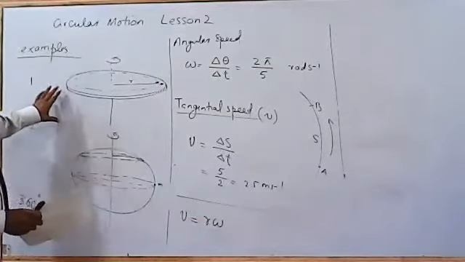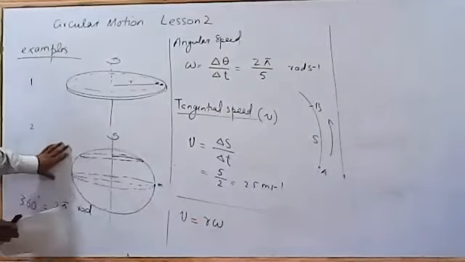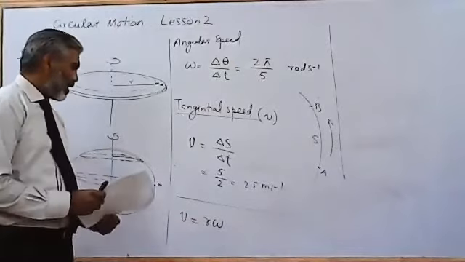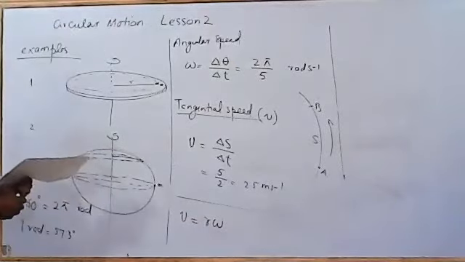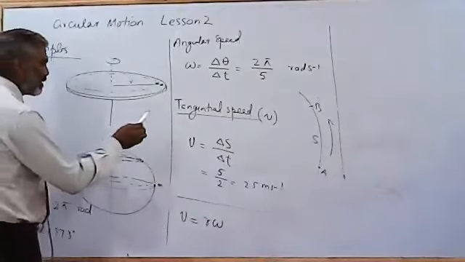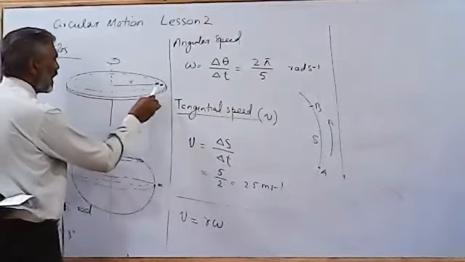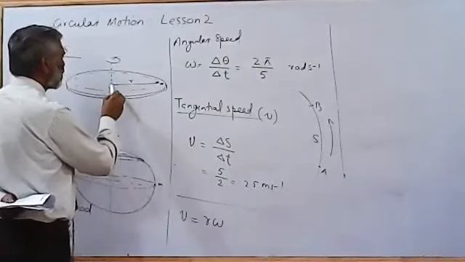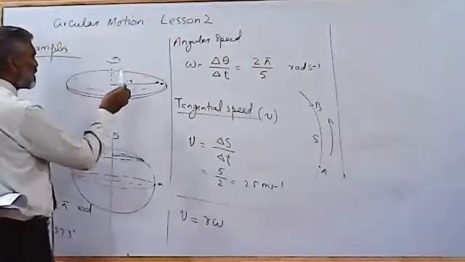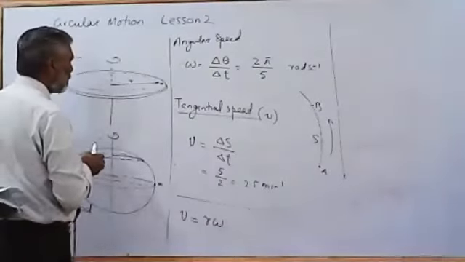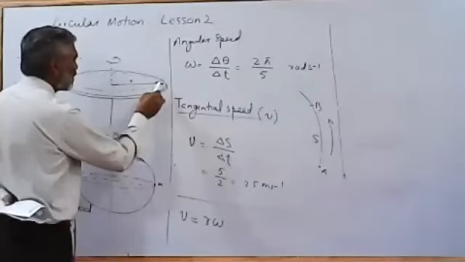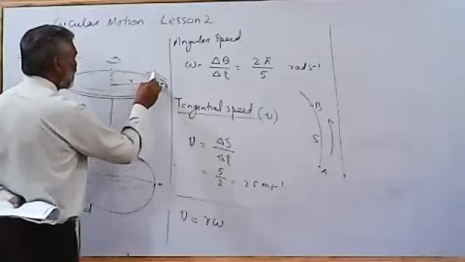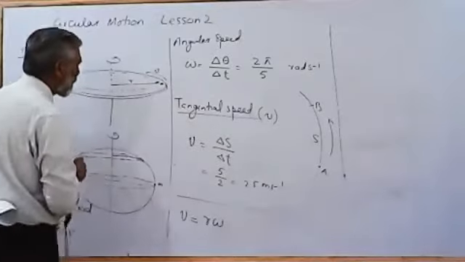I did not erase these two figures because these two are particularly helpful in explaining this relationship. V is equal to R omega tells us, if I place a mass at a certain distance r from this axis and rotate this disk, this coin will be moving in this manner with a certain speed v.